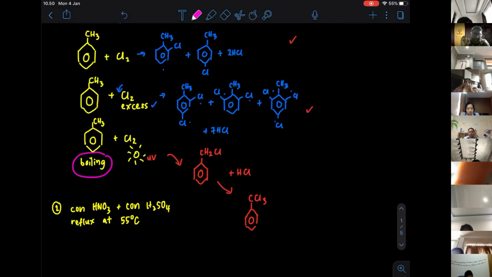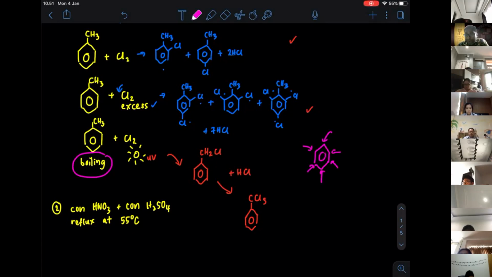So basically it's like this. Halogen carriers are required whenever you are trying to put any halogen into the benzene ring. That is going to be the requirement.